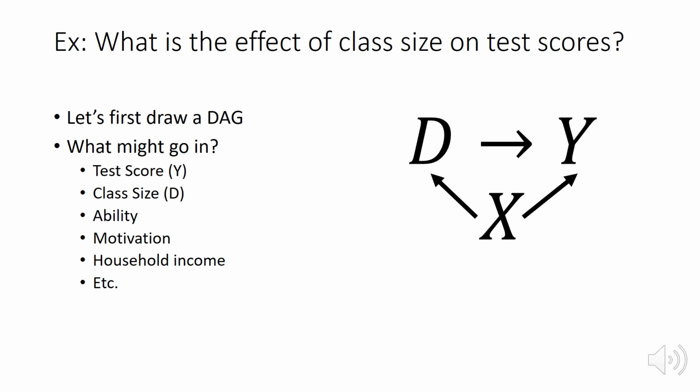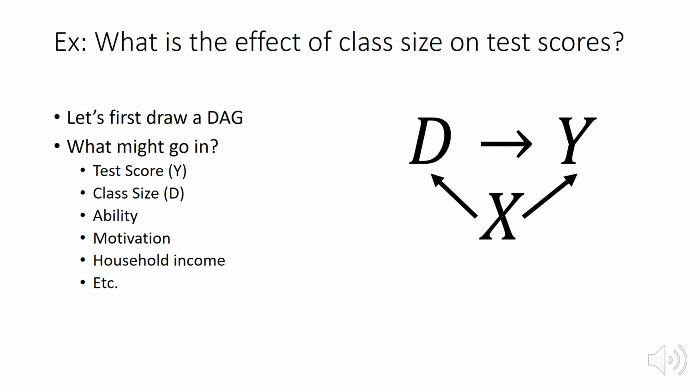So we might think all these things go into the DAG, all these things go into the causal model, but the DAG I drew, just to keep class simple today, and certainly we can add complexity, is just class size influences test score, and other stuff influences both of them.